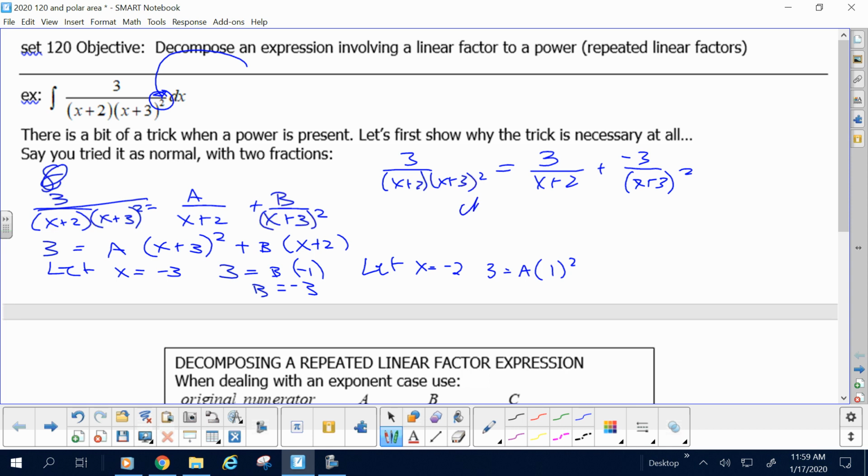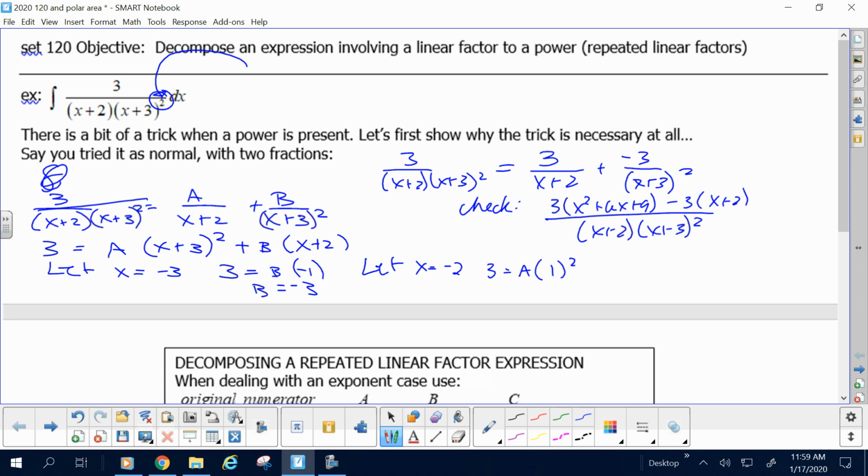If we were to check this and get a common denominator, then wouldn't the 3 over x plus 2 need to get multiplied by (x plus 3) squared over (x plus 3) squared? So times x squared plus 6x plus 9. And the -3 would need to get multiplied by x plus 2.